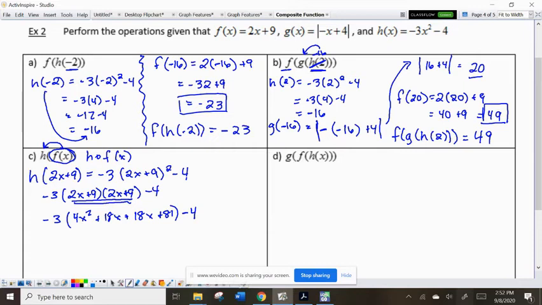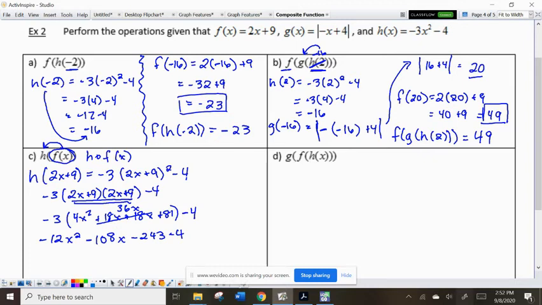Now that's everything we got from multiplying, but everything on the inside still has to be multiplied by -3. And I'm going to go ahead and call this 36x, just to add those like terms together. That gives us -12x squared when we distribute the -3 in by multiplication, minus 108x minus 243 minus 4.